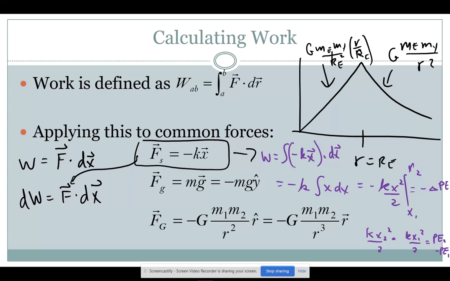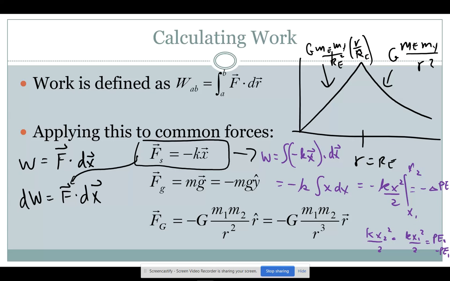Force of gravity is even easier. Force of gravity is minus mg y. So if I have something that moves from here to here, x goes from, let's say, 0 to 5, and y goes from 0 to 3. If I want to calculate the work done by gravity, which of those am I caring about?